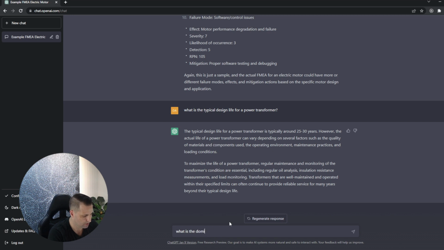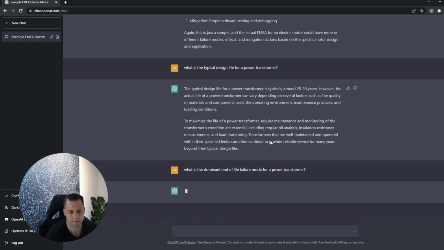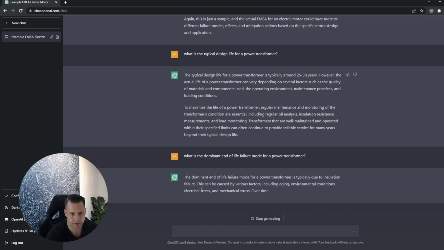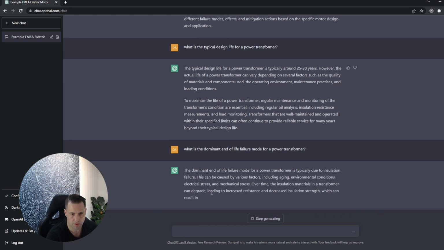What is the dominant end of life mode, let's make it a bit more explicit, failure mode for a power transformer? Typically due to insulation failure. Yeah.